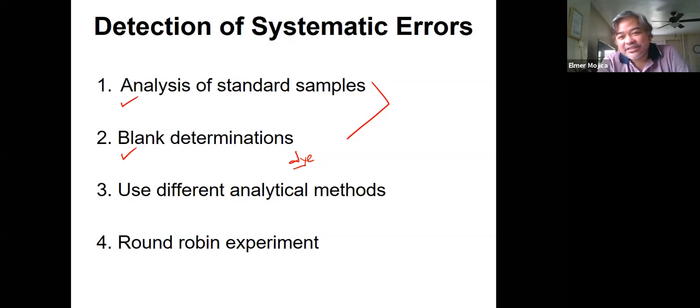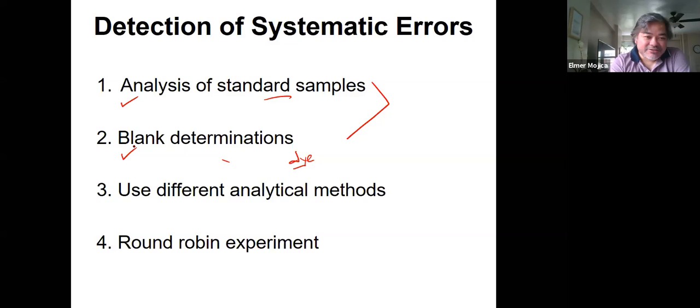So there I can determine that the student is doing diligently the task given to him or her. Okay? Because what I usually do is maybe a standard or a blank. But you won't know it. I'm the only one who knows what the sample is.